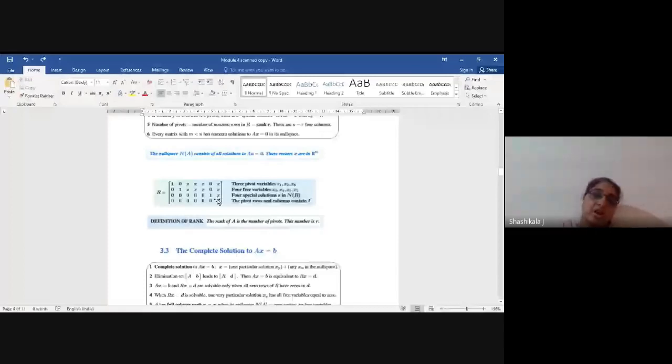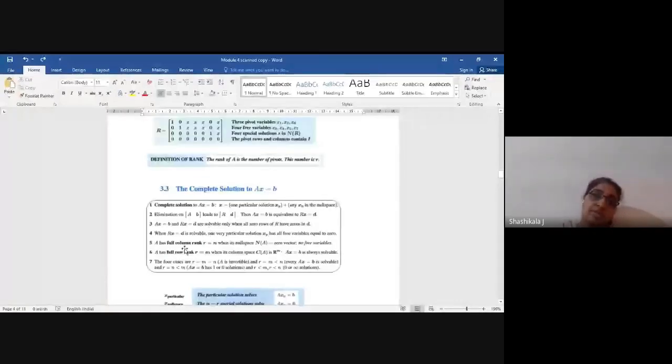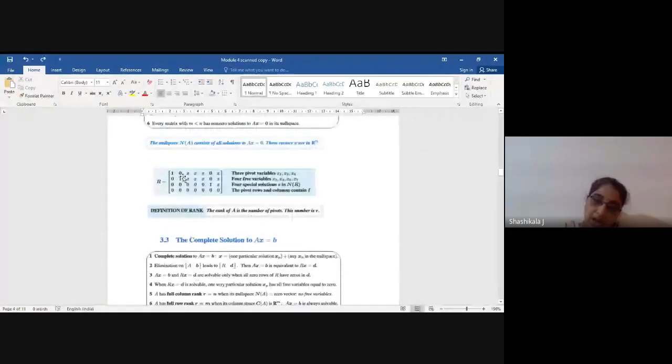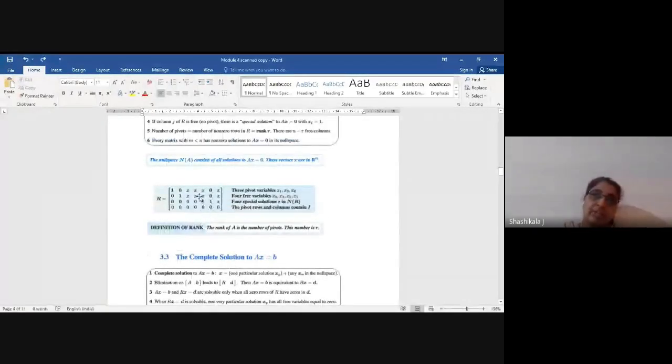A is a full column rank. Full column rank means what? All the columns are the pivot columns. Then it is called a full column rank. And then what will be the null solution? How many free variables will be there?